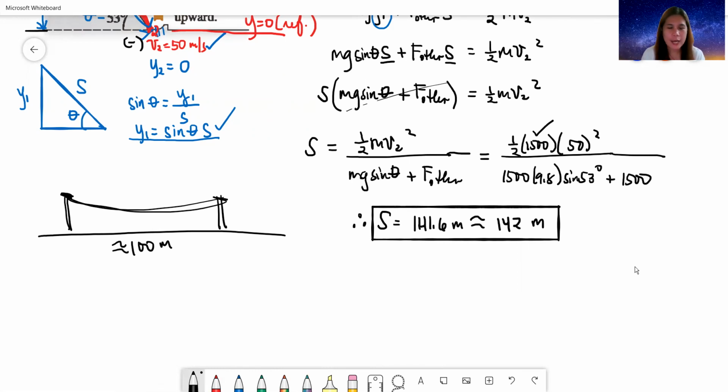Okay, so the ramp should be more or less, if you have the rocket here, 142 meters long. So that when it arrives down here, it will be shot at 50 meters per second. So that's how to visualize it. And this is a very steep angle, 53 degrees.